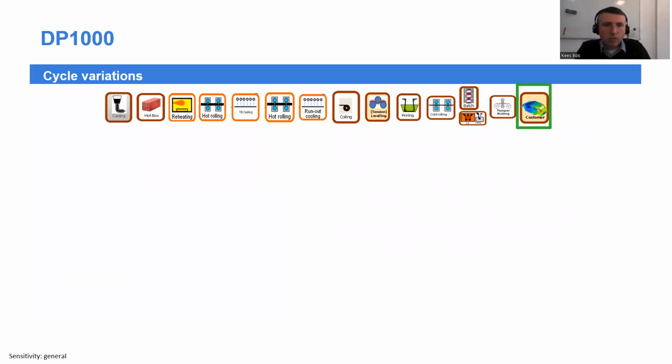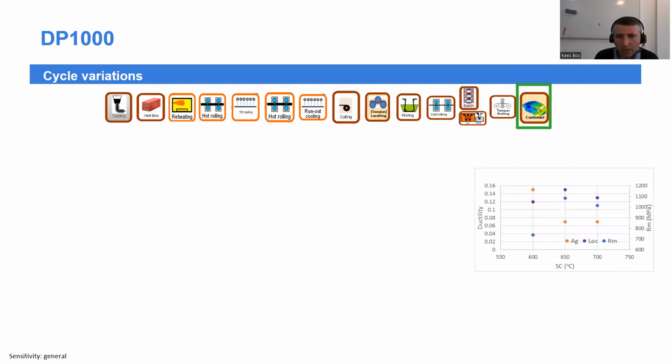But to get back to the property predictions, we had these different cycles. Here in this image, you see some of the key numbers. I show on this axis the tensile strength for the different slow cool temperatures, and you see that for the lowest temperature we have quite a low tensile strength.